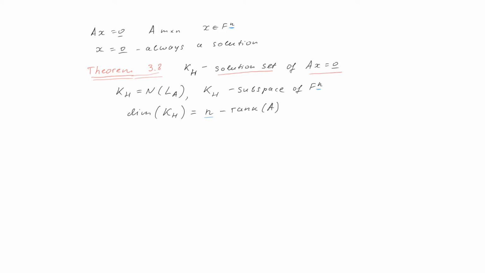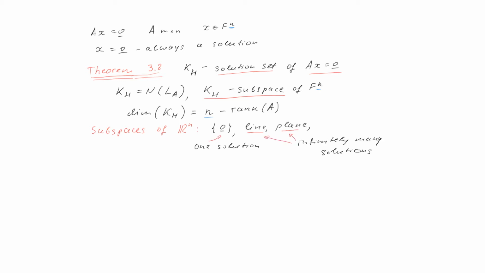Now this theorem answers the question about the number of solutions, at least for the homogeneous system. Why is that? Because the theorem states that the solution set is a subspace. Now recall subspaces of Rn, for example, that could consist just of a 0 vector and then we have only the trivial solution, but they can also be a line, a plane, or subspaces of higher dimensions, and they all will contain infinitely many solutions.